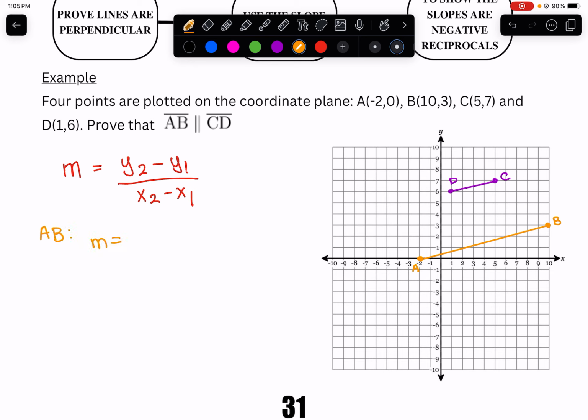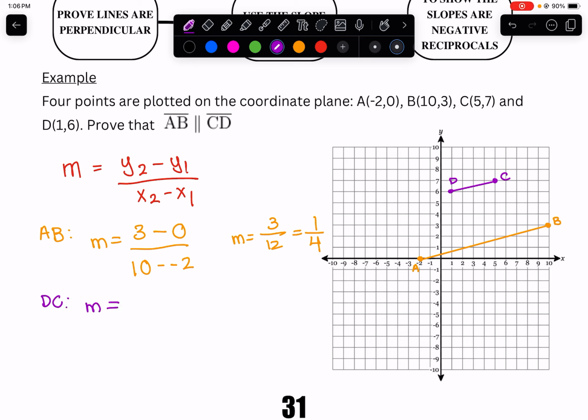So our slope is going to be equal to y2 minus y1 over x2 minus x1. M is equal to 3 over 12, which simplifies to 1/4. Now we do the same thing for DC.